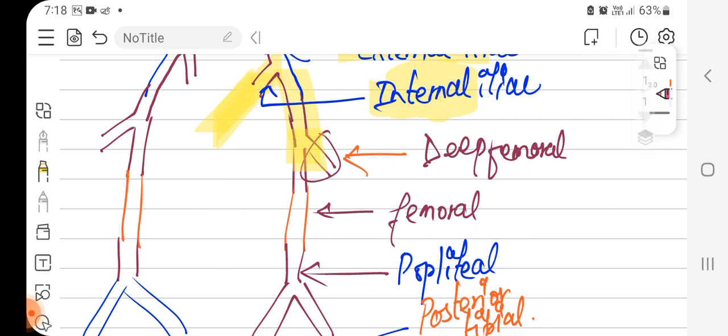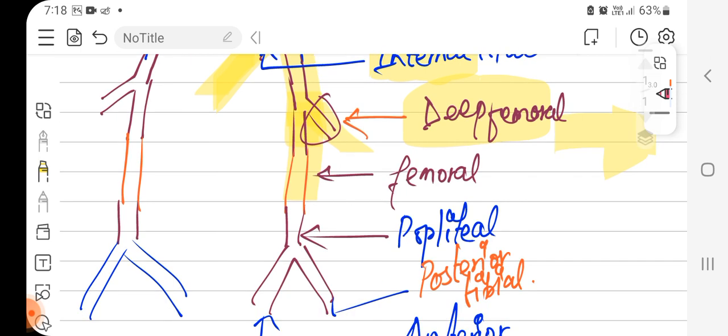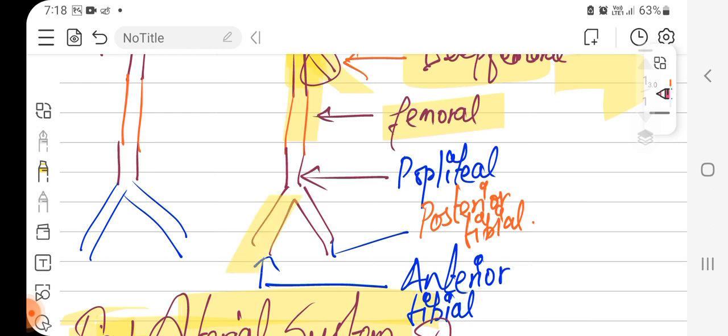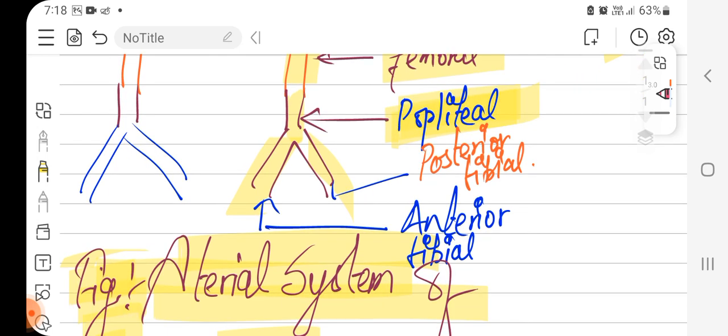And this external iliac has divided into two parts. One has gone deep inside, and another has gone forward again. This is known as the femoral. Now the femoral has divided into two parts, and the joining or breaking down of these two parts is known as popliteal.